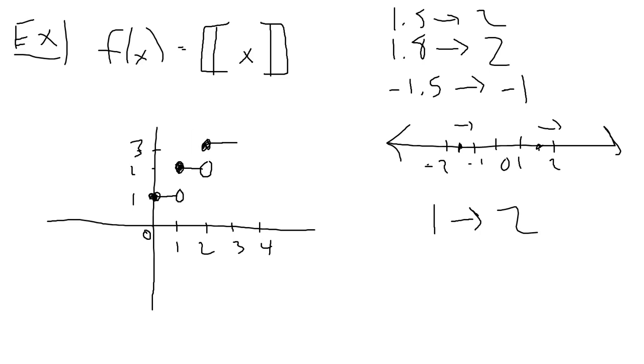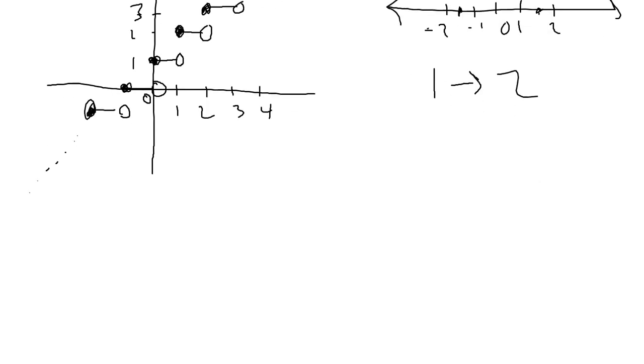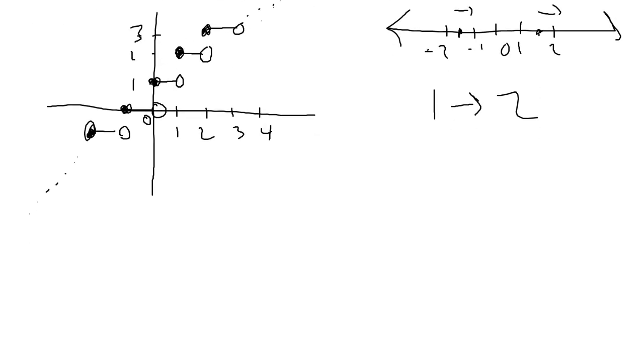And we start getting what looks like this staircase, and we can do it backwards too, like that, and then it just goes on and on in each direction. Alright, so that's just a couple of piecewise defined functions.